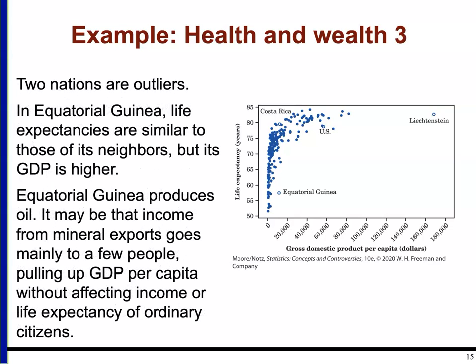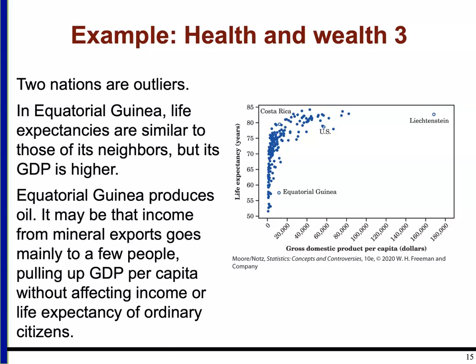And then there's two countries that are also worth noting. I've already mentioned Liechtenstein, but Equatorial Guinea is also an interesting case. Their life expectancy is very, very low, but they do have a little bit higher of a GDP than most of the countries with such a low life expectancy.